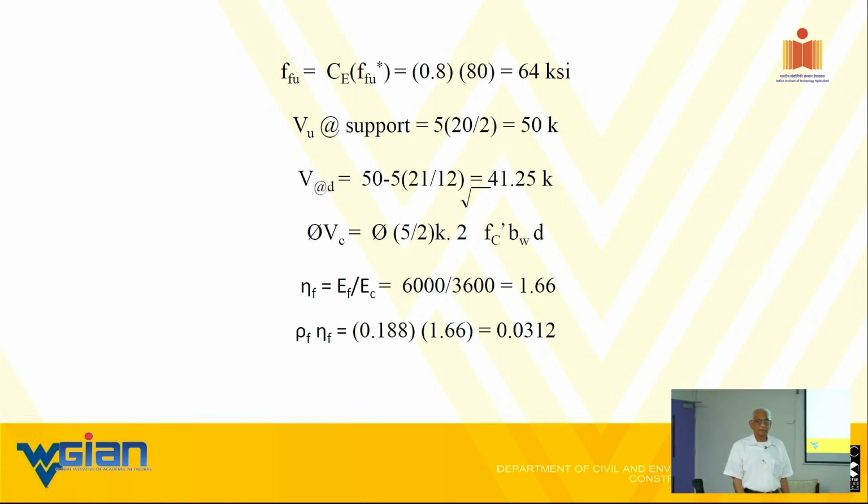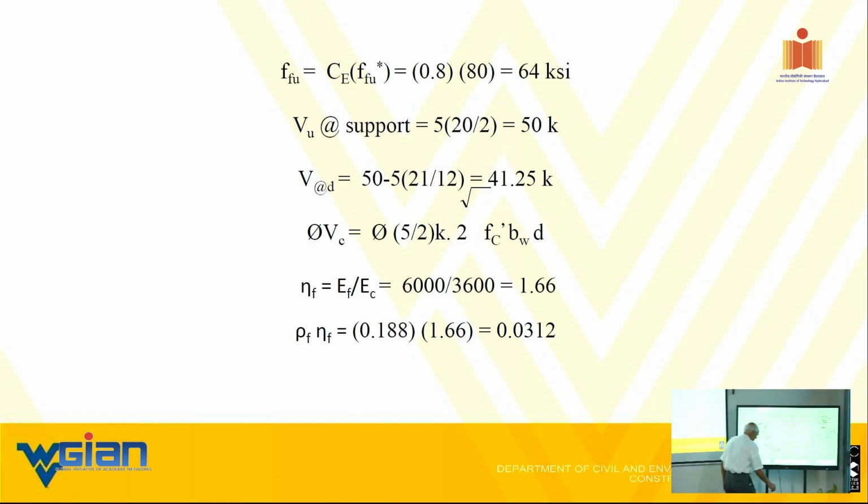Do you get it? In the Indian code, they say that when your support reaction creates compression on the beam, then it is at a distance of D from the face of the support. That's right. If your support reaction creates tension, then it is at the face of the support. Yeah, that is what I mean.